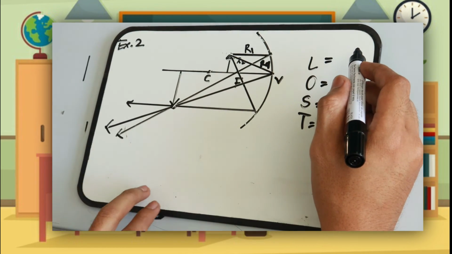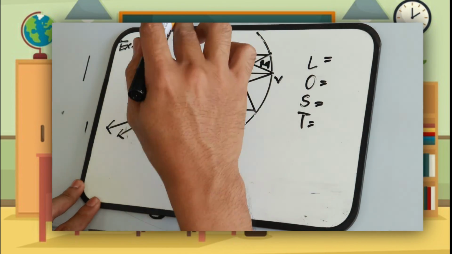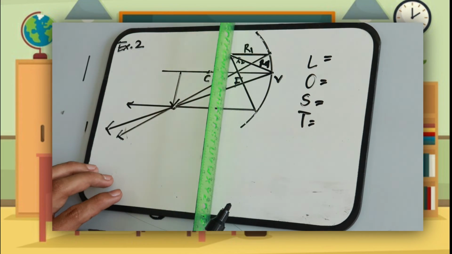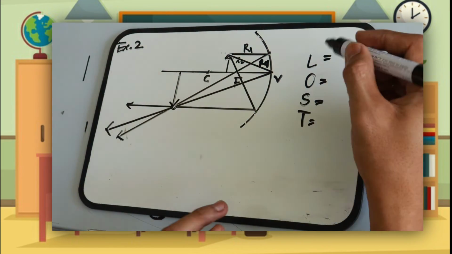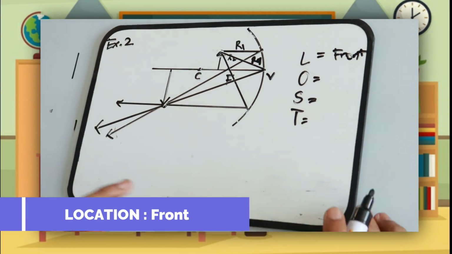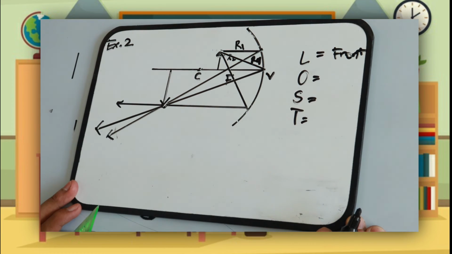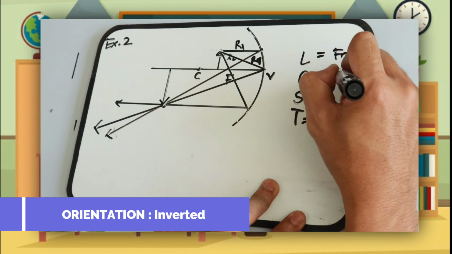For this one, for our LOST, it is located in front of the mirror. So this is our front area of the mirror, and this is our back portion of our mirror. So therefore, this is front. For our orientation, inverted.